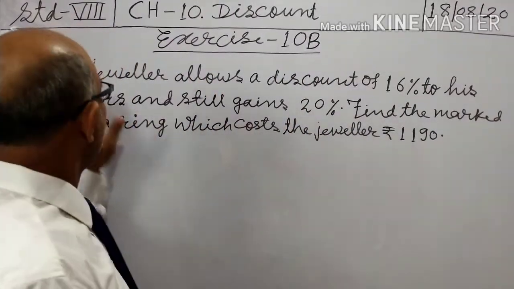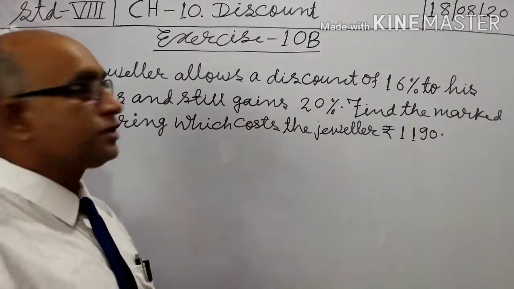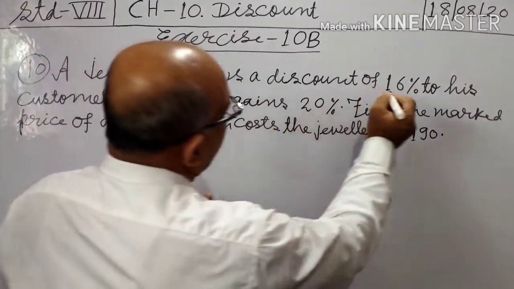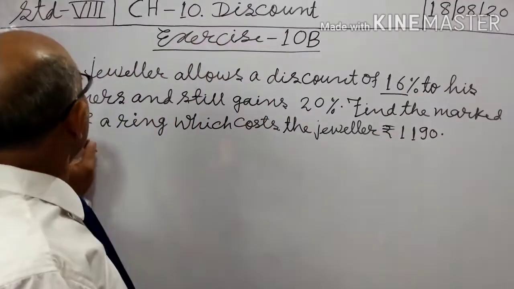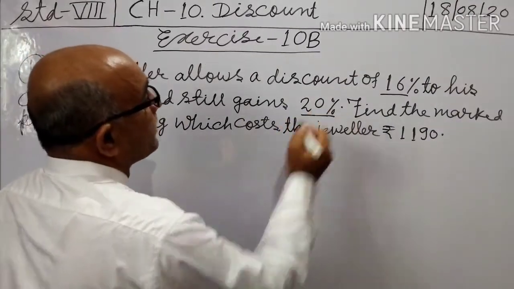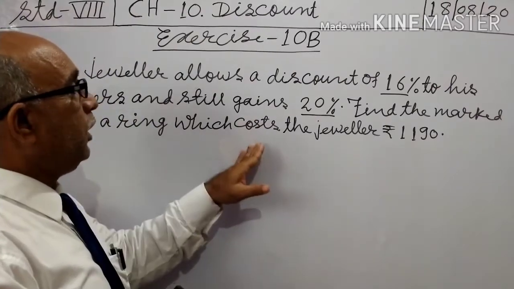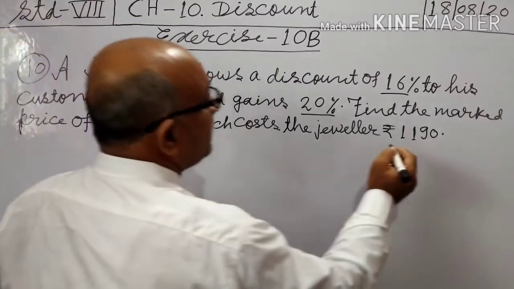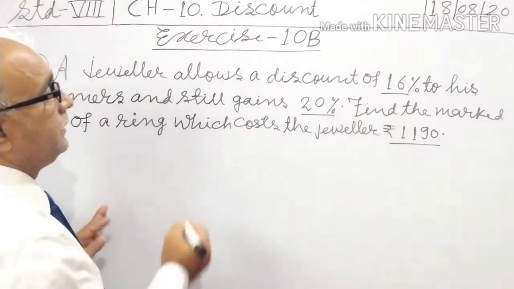Question number 10. A jeweler allows a discount of 16% to each customer, still gains 20%. Find the market price of a ring which cost the jeweler rupees 1190.